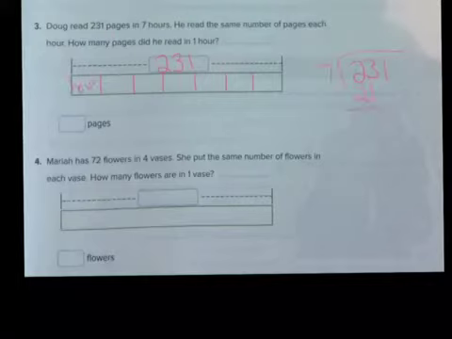Okay. So we do 7 into 23 is 3. 7 times 3 is 21. And we get 21 again because we get 2 here when we subtract, and then we bring down the other 1, so we get 21. And then 7 times 3 again is, and there you have it. Okay, so we have 33 pages. Go ahead and fill that out right over here. Okay, and don't forget that all of these are hours as well. Please complete that on your own.